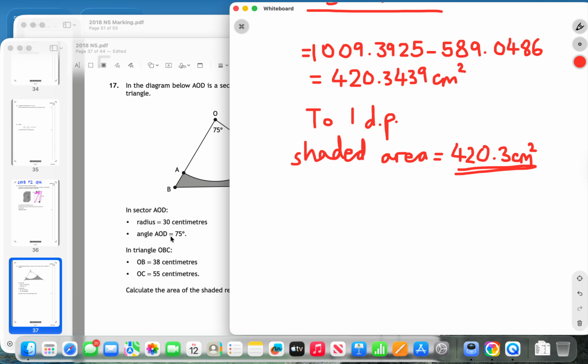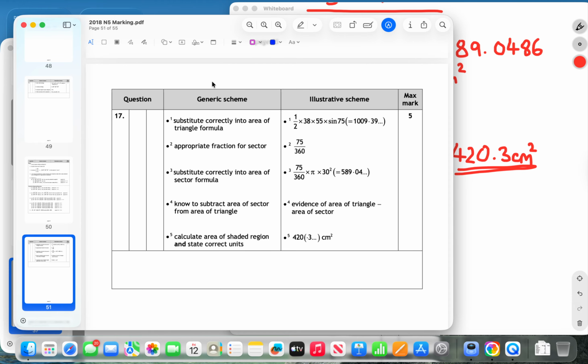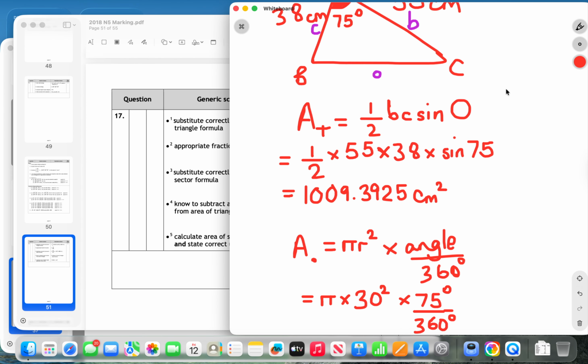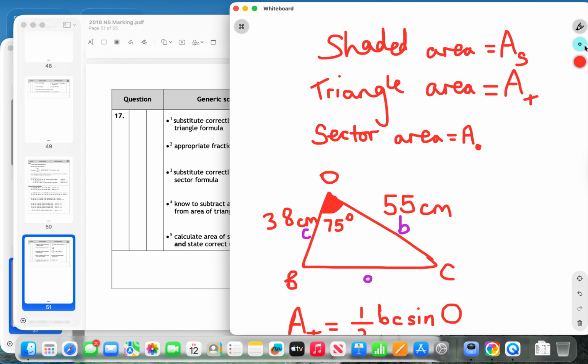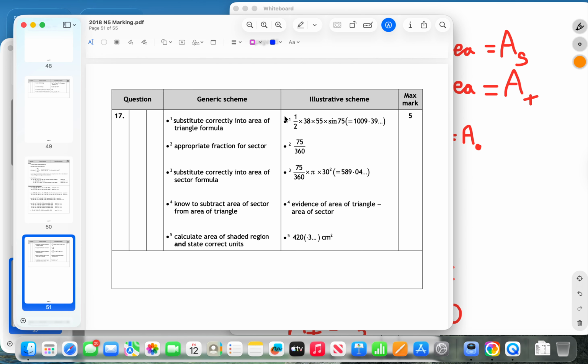Most pupils didn't know how to do this one, but there was a similar question. I think it was 2014 or 2015. There was a very similar question. So let's have a look at how this would have been marked. The first mark would be for the area of the triangle.